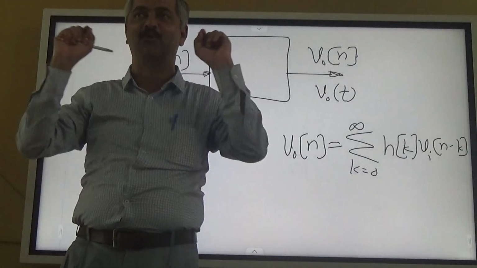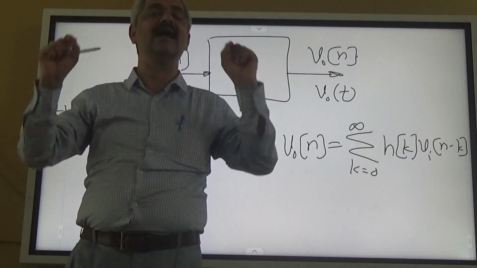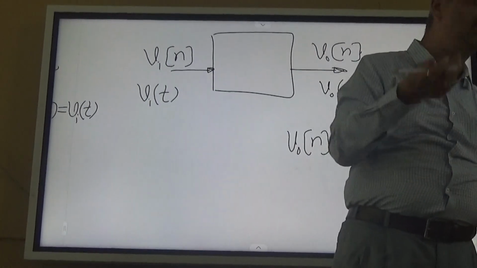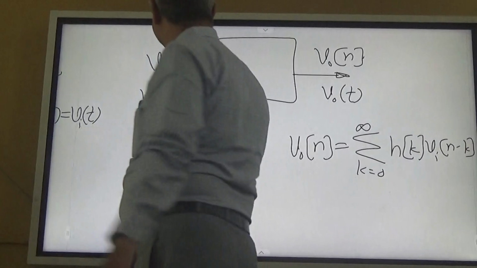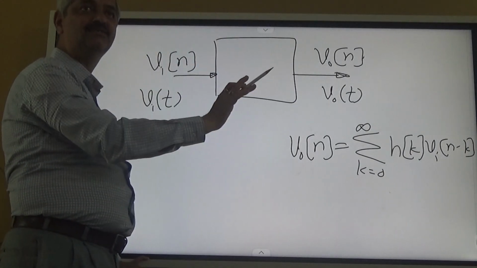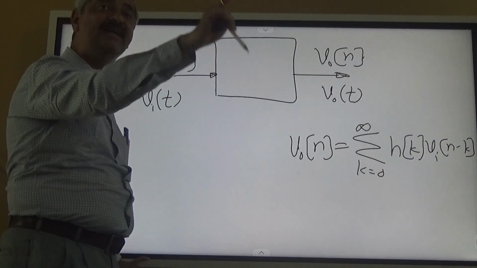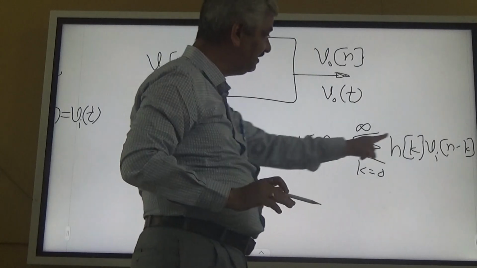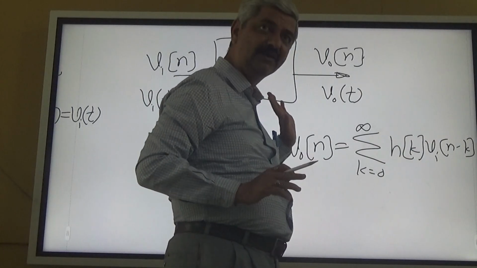There exists a formula such that at every n specified to you, you are able to compute Vin[n]. So Vin[n] is a sequence which is a formula in terms of n. You get Vout again.